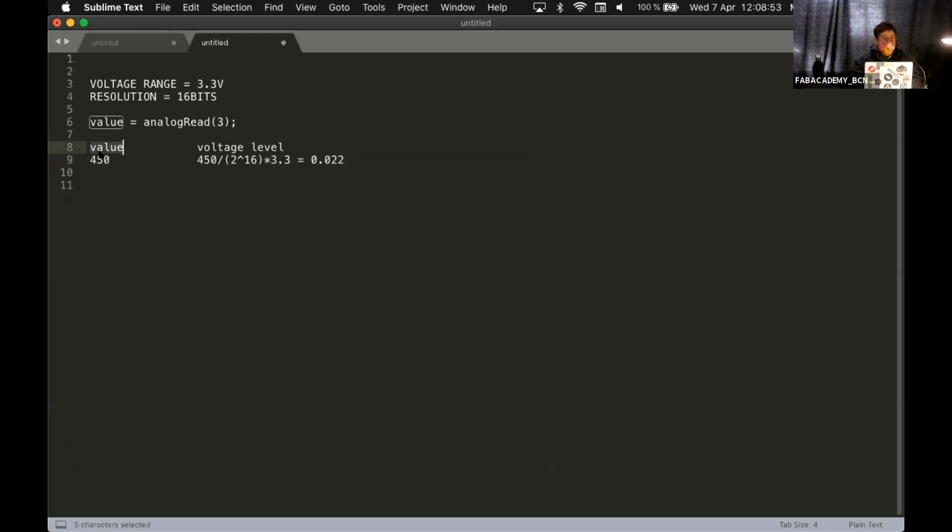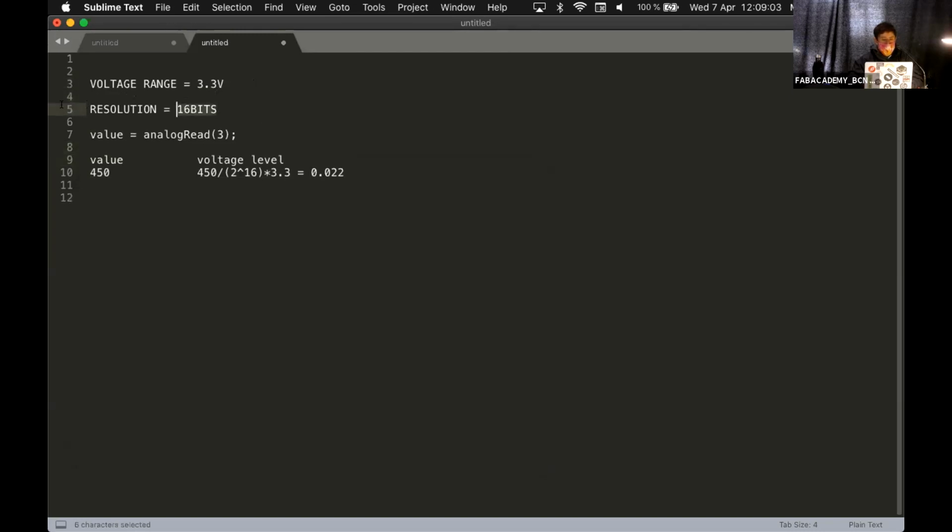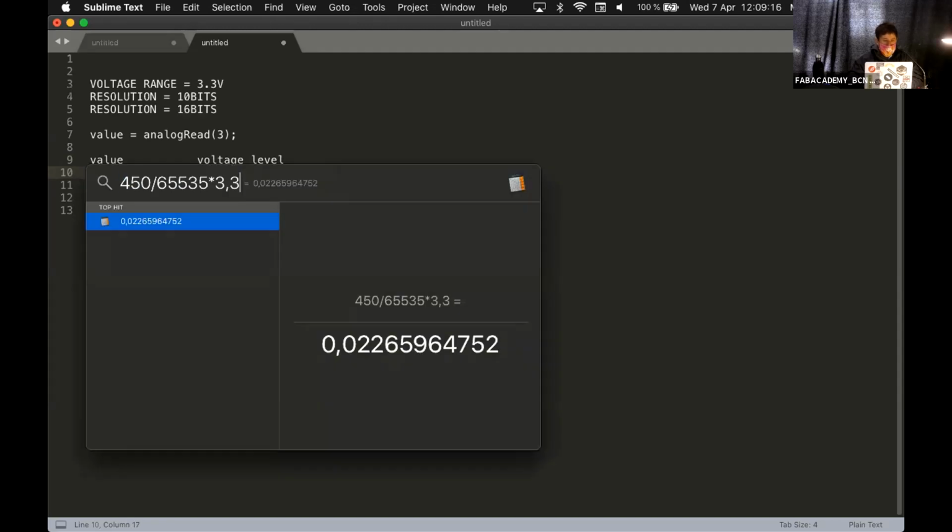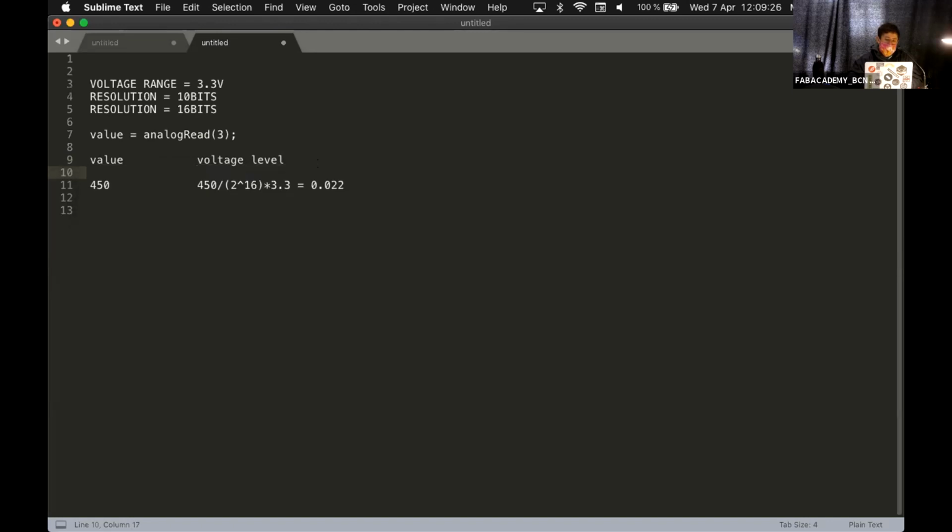We're saying that we're reading a very small value, but we have a lot of bits. Before we had 10 bits, and we got a value of 450.